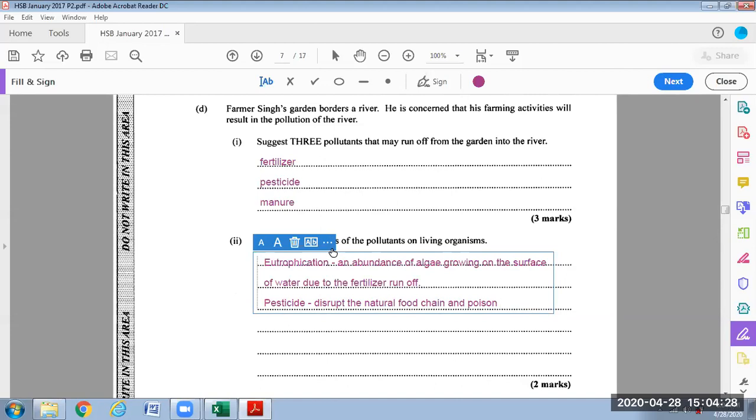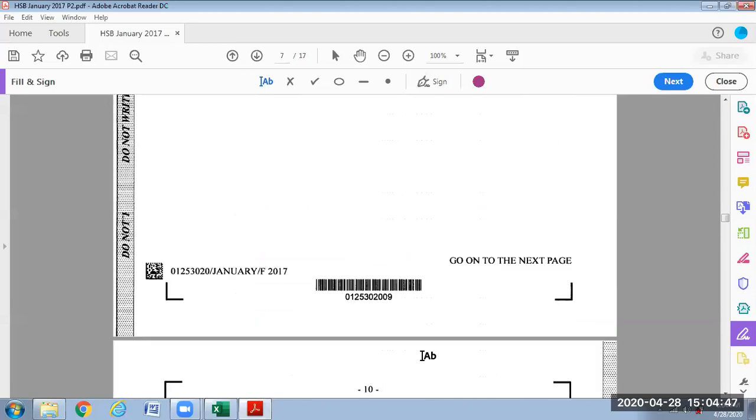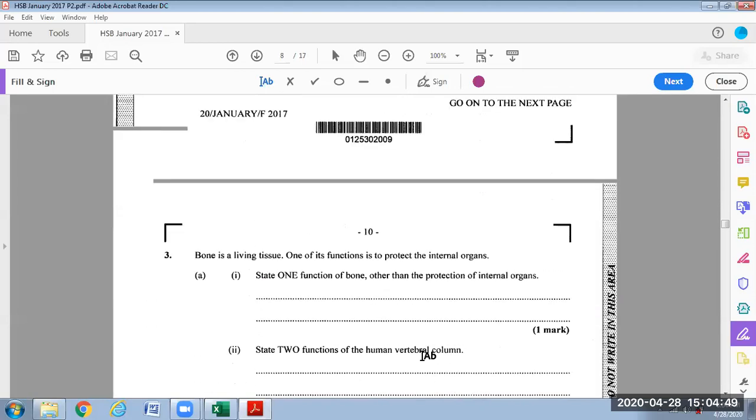So it could poison aquatic plants and animals. Right? Pesticides could kill animals and plants. Number 3, somebody else.